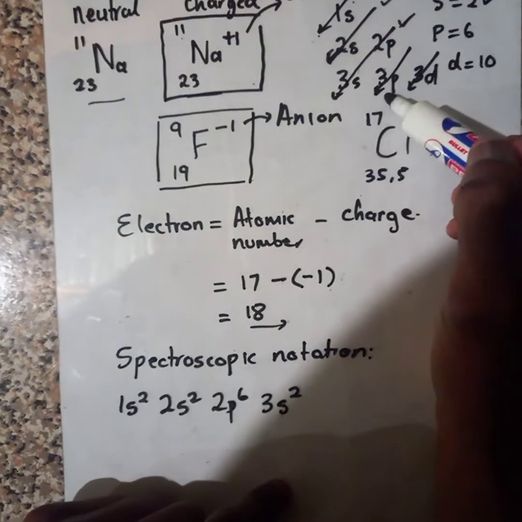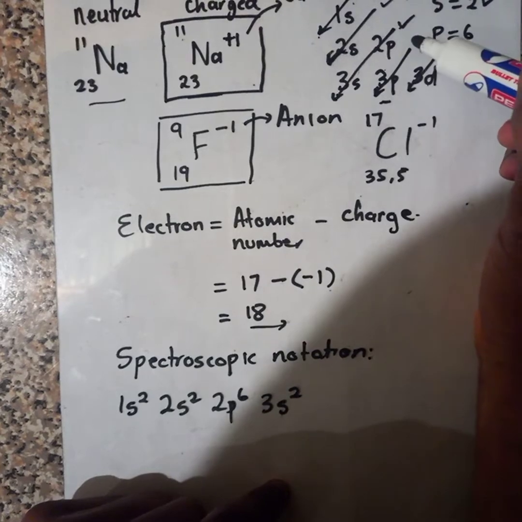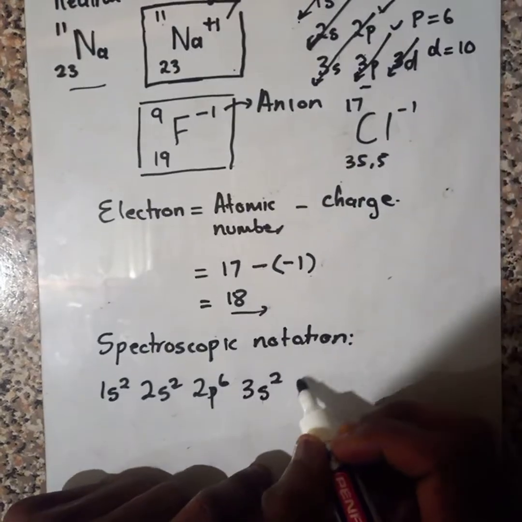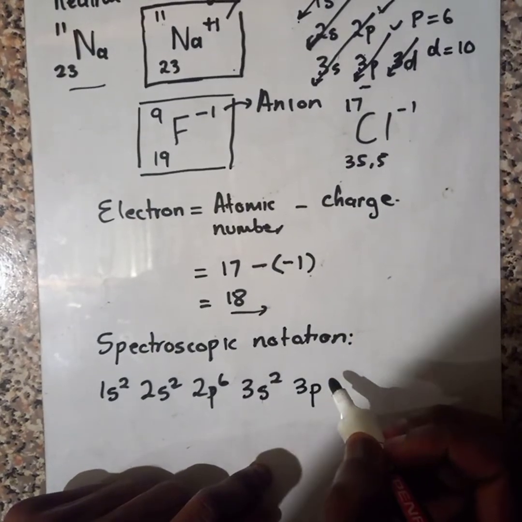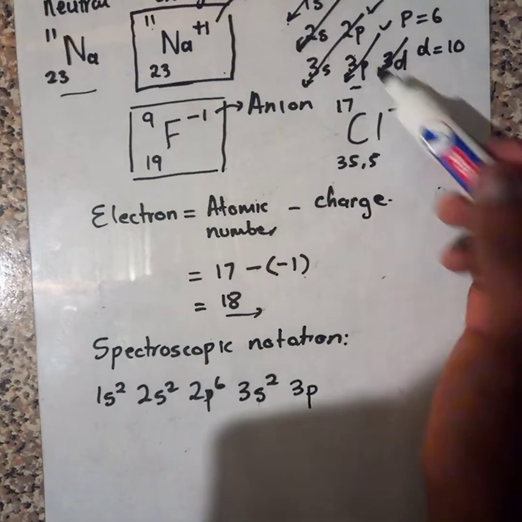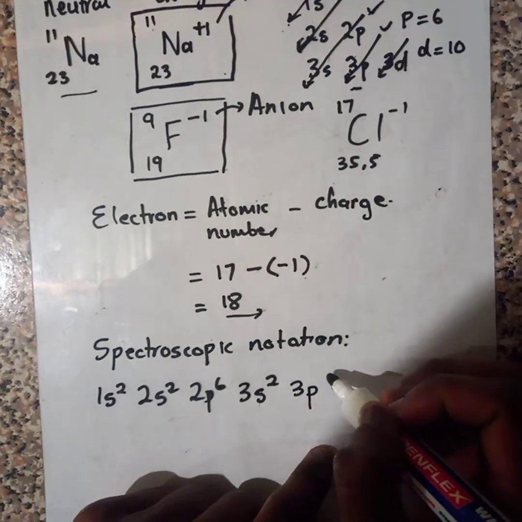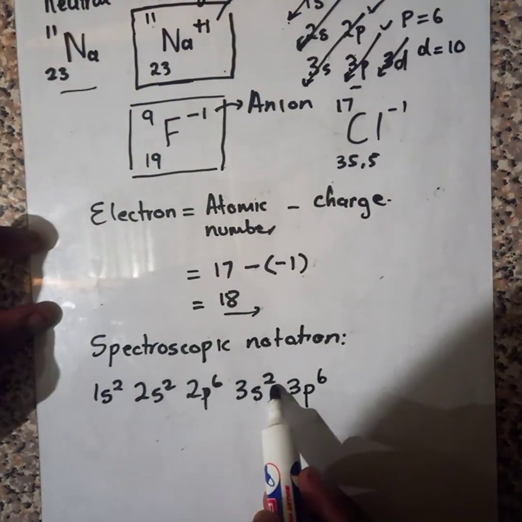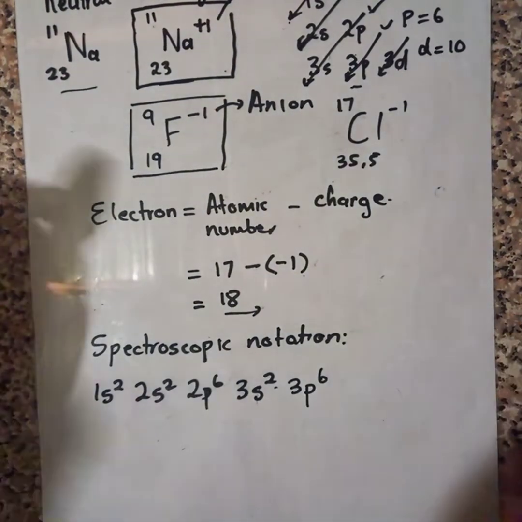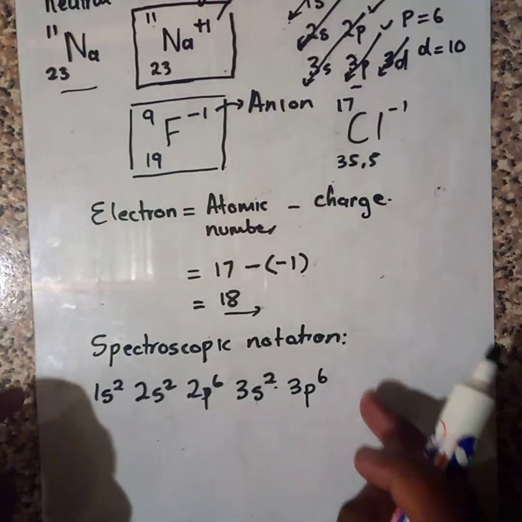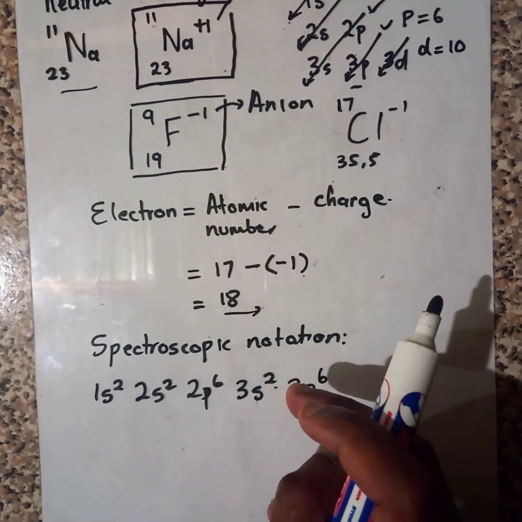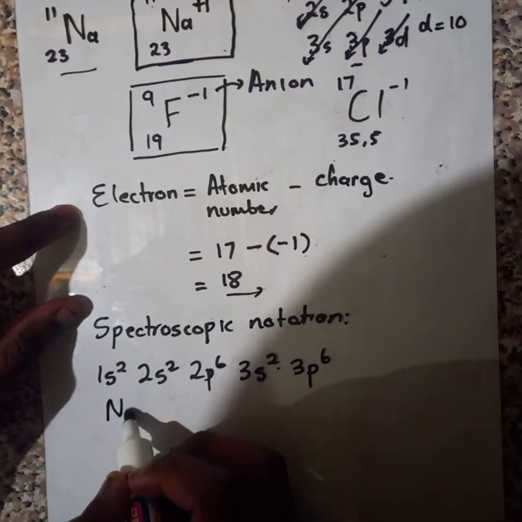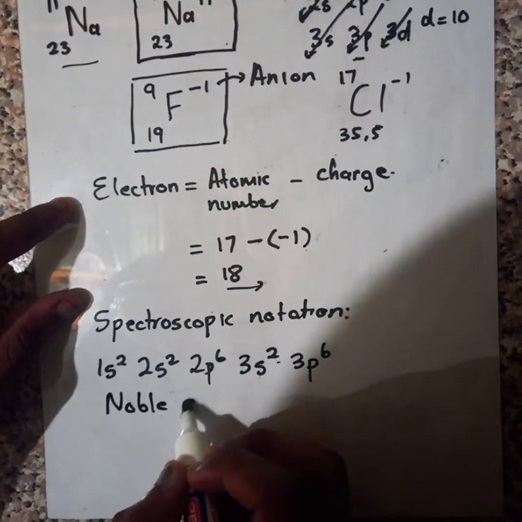Then let us go to the fourth one, which is 3p. 3p can take up to 6. When we add 10 and 2 to 6, we get 18. This is a spectroscopic notation of a chlorine ion. Then now let us do a noble gas notation.